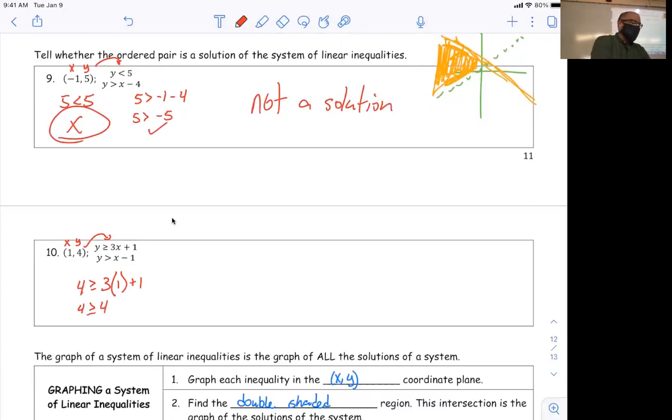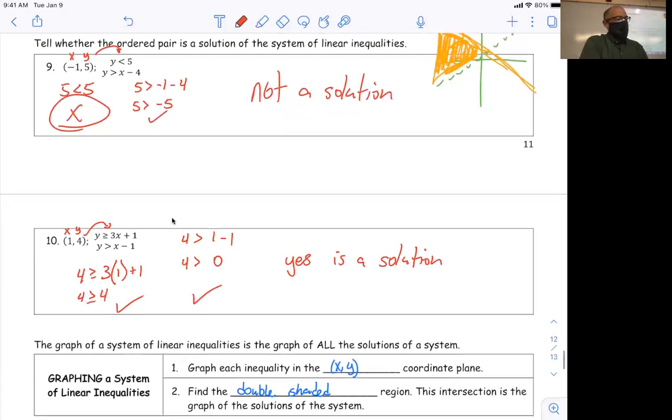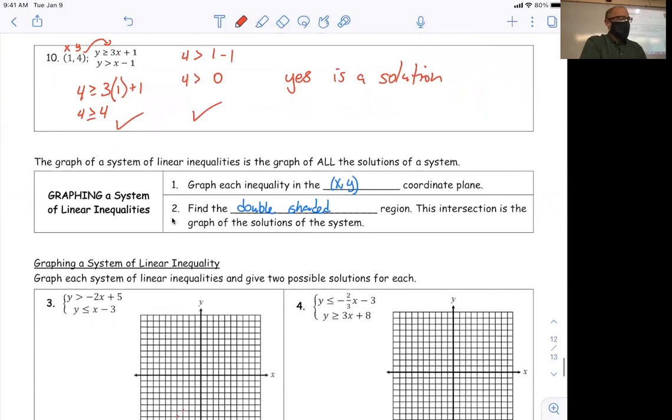Is 4 equal to 4? So that one actually checks out. We're good there. The other one is 4 is greater than 1 minus 1. What is 1 minus 1? That is 0. That one checks out too. Because they are both true, yes, it is a solution. If I go too fast, I'll have these notes posted in the module when we finish up today.